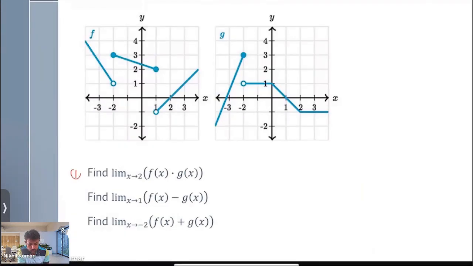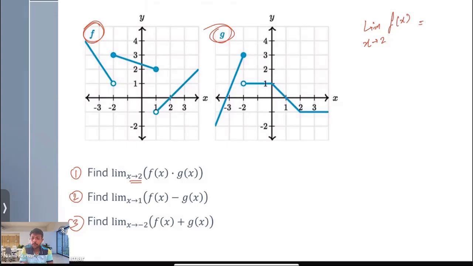In the first question, we are finding limits at this point, x equal to 2. This is my function f, this is my function g. First, let's find the limit of f of x when x is approaching this number 2. Can you find this using the graph?